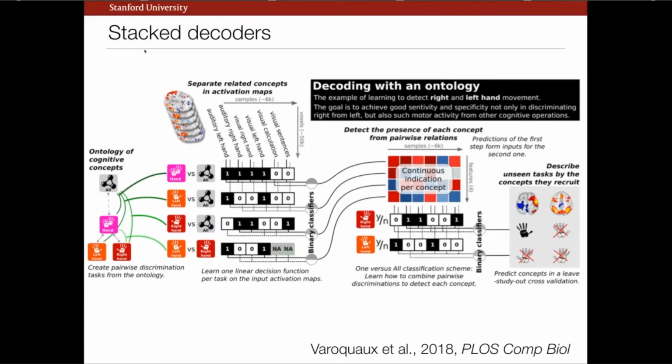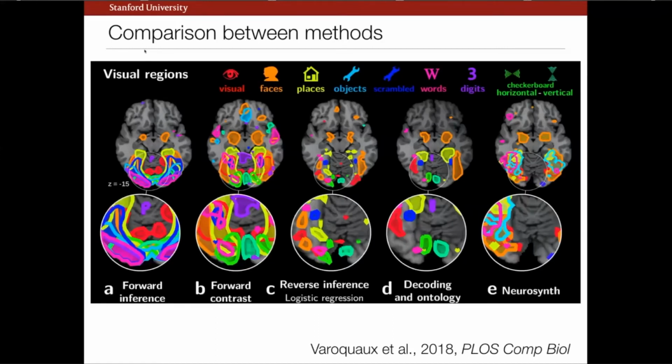And when we do that, one of the things that we see is the resulting support in the brain turns out to be much cleaner and clearer than what we see with other approaches. So panel B here is just a standard contrast-based analysis for the data.